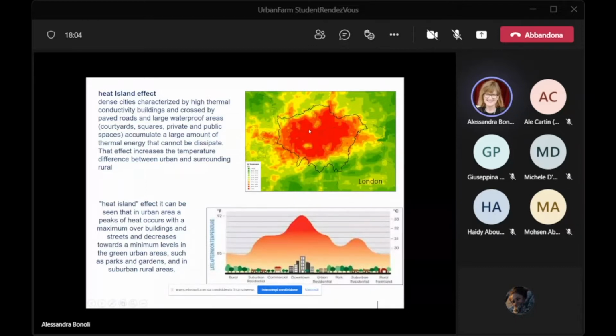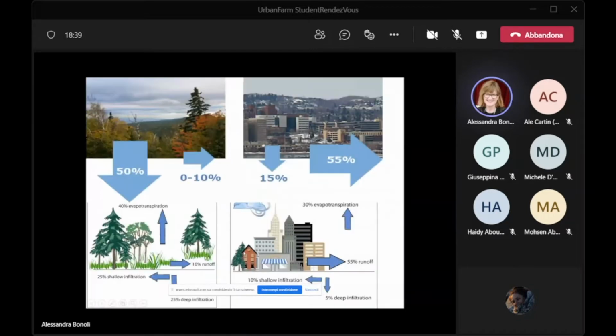And also inside an urban area, we can see different temperatures between, for instance, downtown, where just buildings and roads and so on are present, and a park or a garden where we can consider lower temperatures.